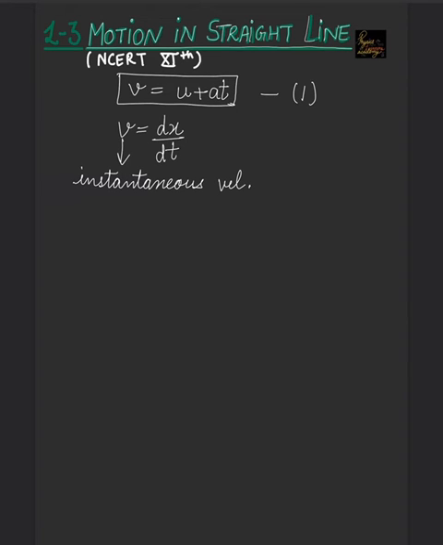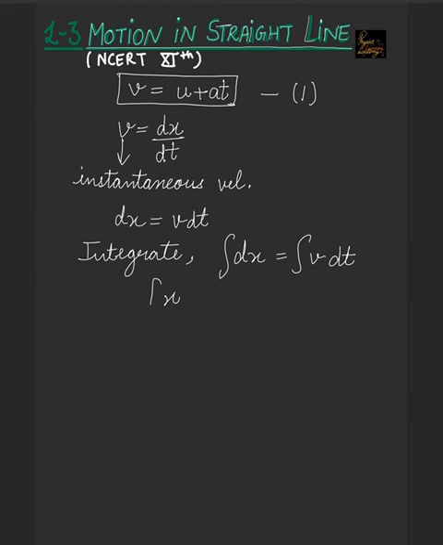But we are using instantaneous. v is equal to dx by dt. Again multiply, dx is equal to v dt. Simply integrate.